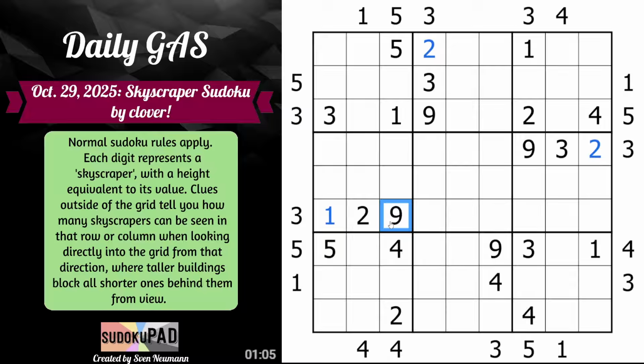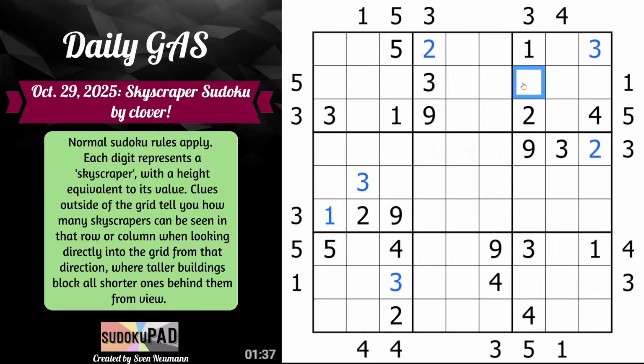Why that's interesting is because all 4 of these cells must be visible, and the only way for that to happen is if this digit here is less than 4 but greater than 2, and the only option is in fact 3. That gives us 3 here. We actually could have just done this as our first digit, but we get a 3 in the corner.